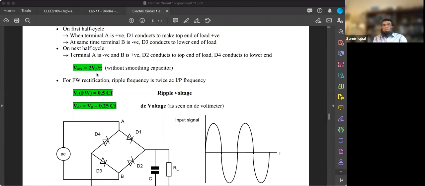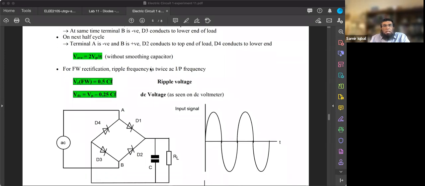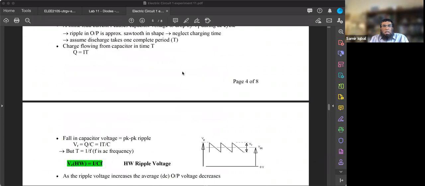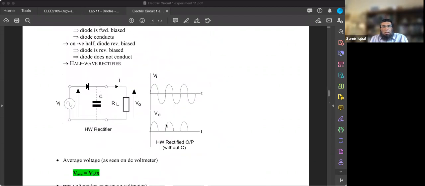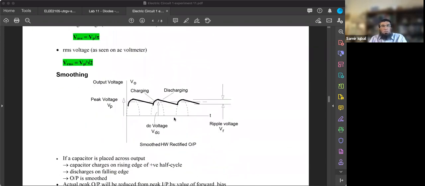All right. In a similar way, the ripple frequency is now twice, because before we were getting only one side of the signal, so it was half the frequency, but now we are getting twice of that.